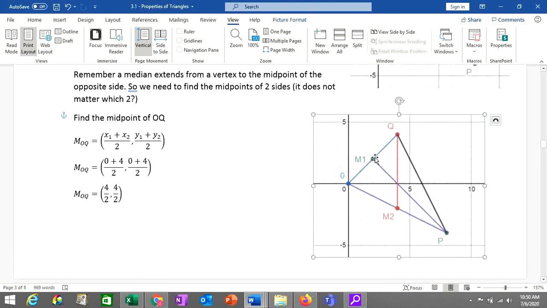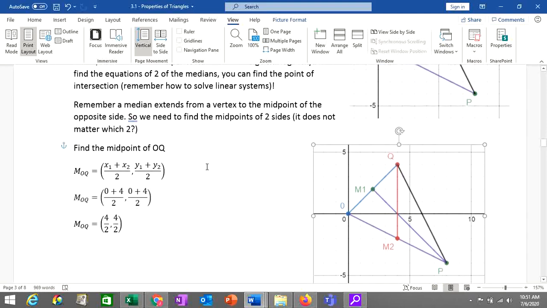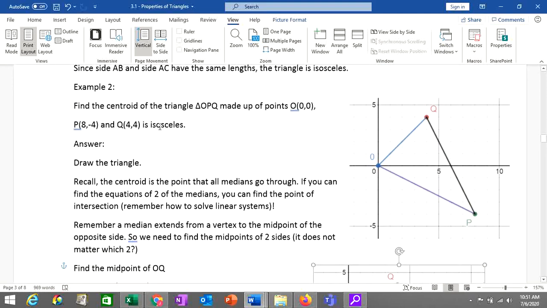So let's find the midpoint of OQ, so we can find the point on this median. And let's find the midpoint of OP, so we can find the point on this median. Okay, so midpoint of OQ, well, we have our midpoint formula, pretty easy. So we have O and we have Q. So O is 0, 0, and Q is, what's Q again?